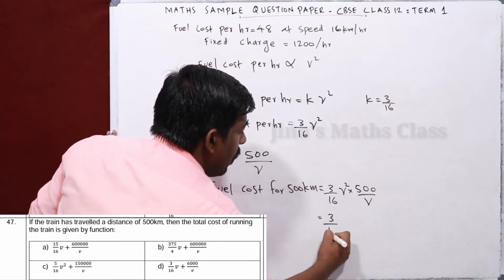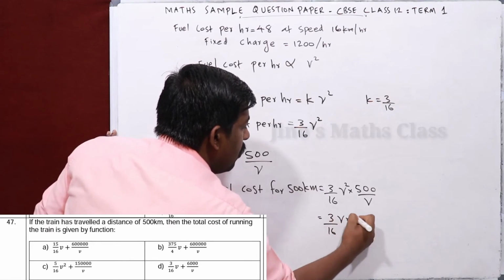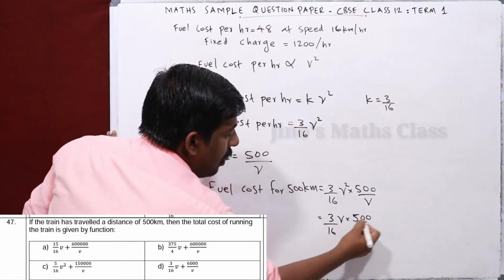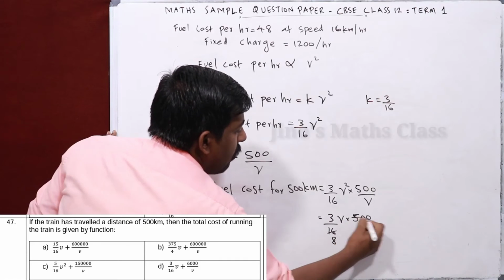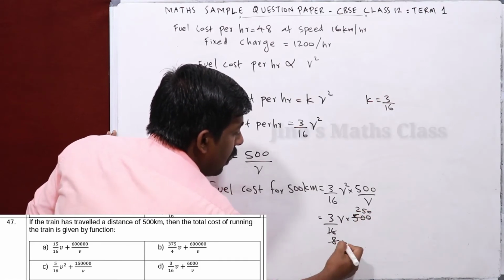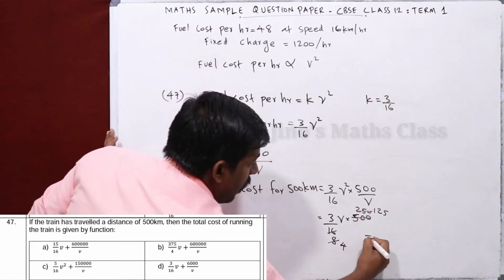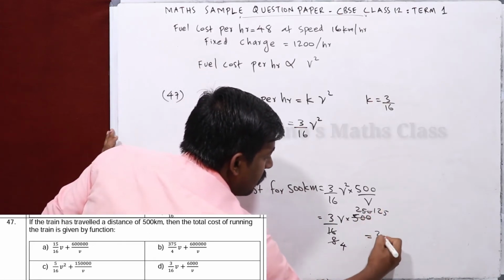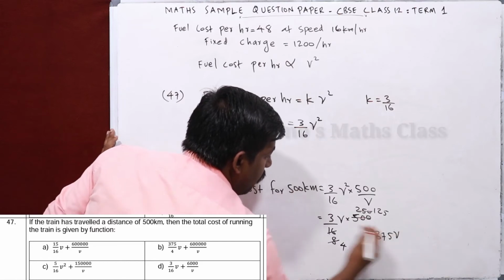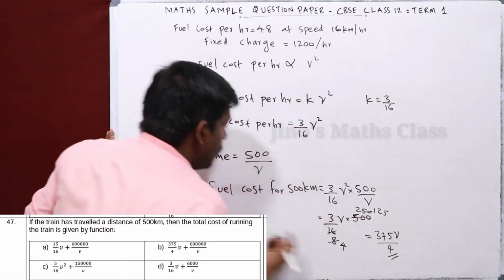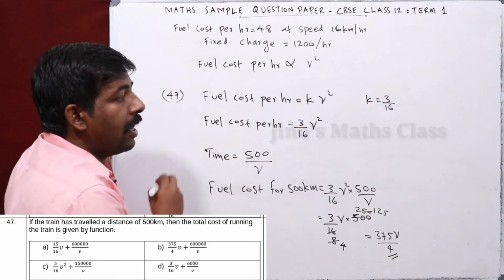Then it is 3 by 16 v into 500. Now we can cancel 2 from 16 and 500, so we will get 250. Again we can cancel 2, so 4, here it is 125, right? So we are getting 3 into 125, that is 375, and v by 4. So this is the fuel cost for 500 kilometers.